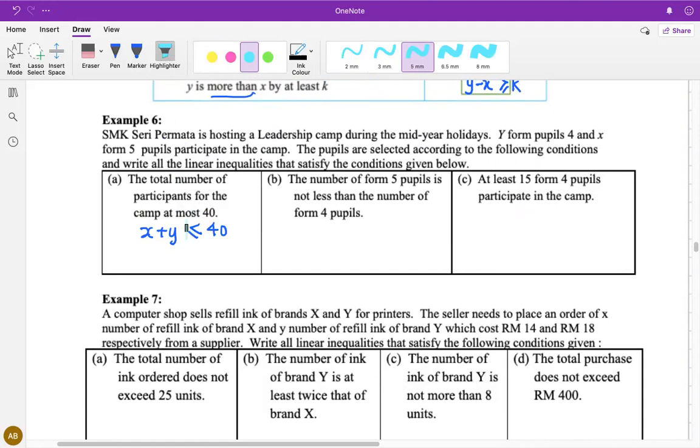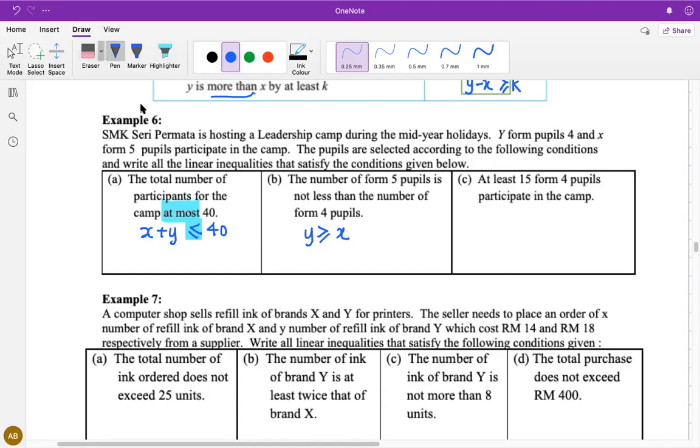So we are using at most. The next one, the number of Form 5 students is not less than the number of Form 4 students.